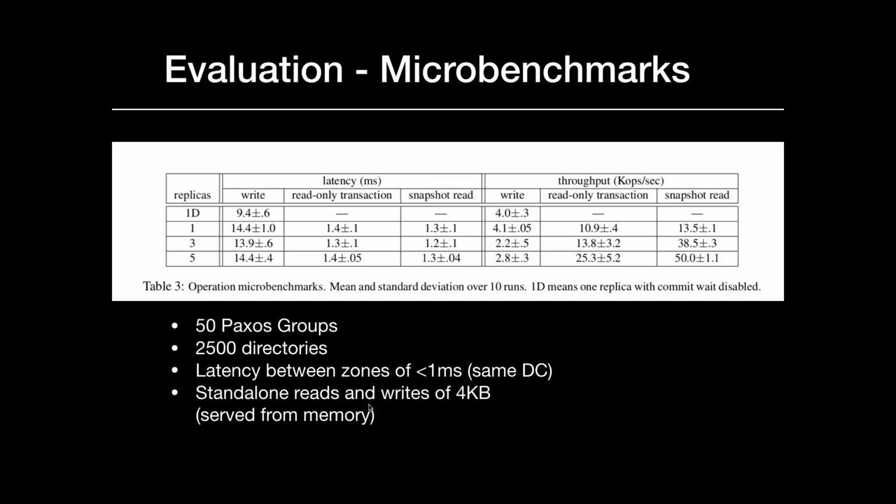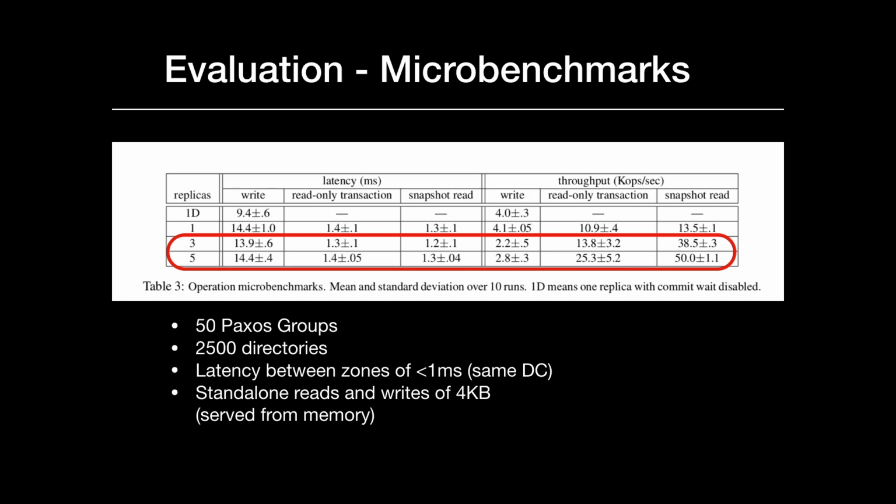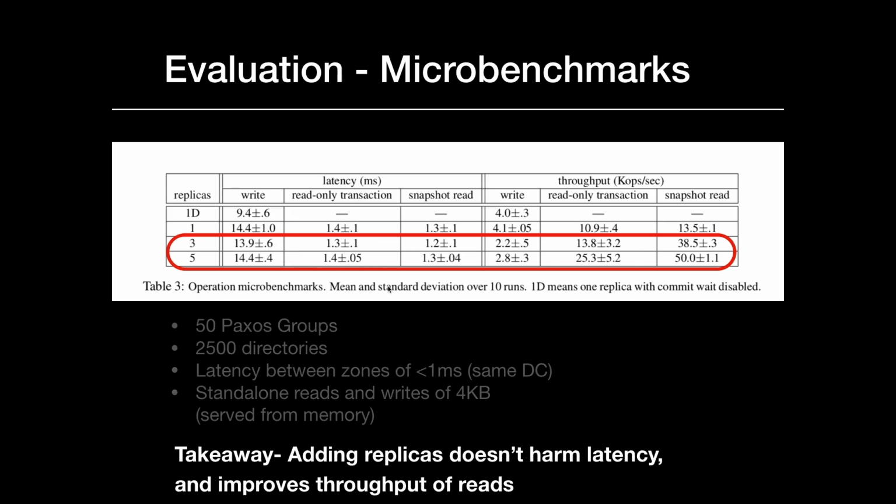The key takeaway from these micro benchmarks is that adding replicas did not significantly harm the latency of reads and writes, while also improving the throughput of reads significantly and writes slightly. And adding replicas only harmed the throughput of writes slightly between 1 and 3.